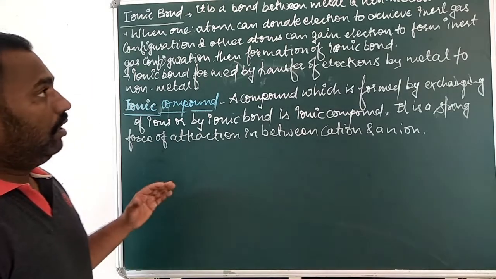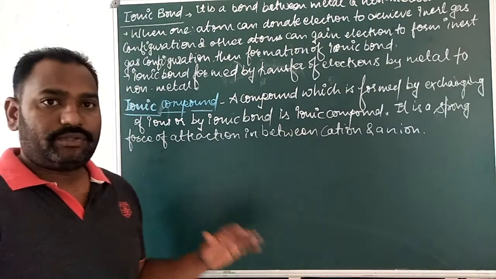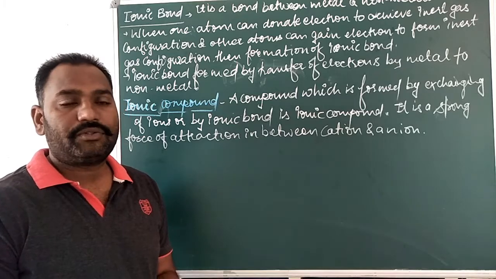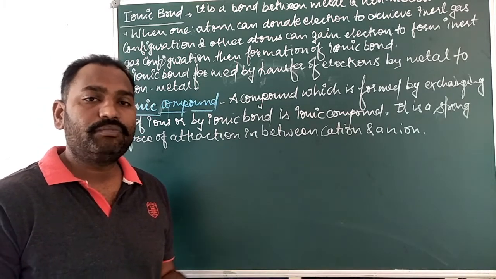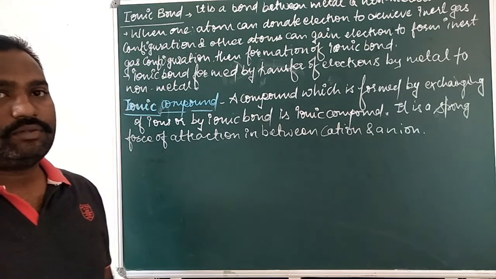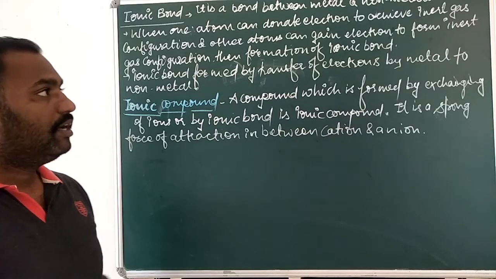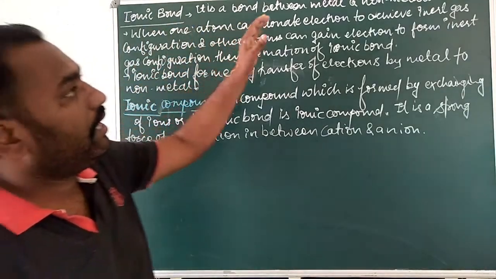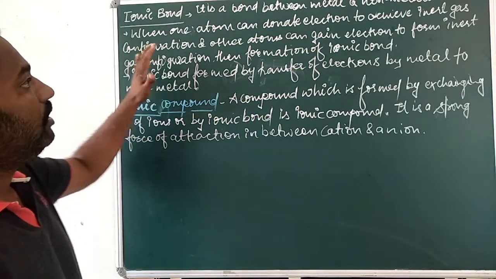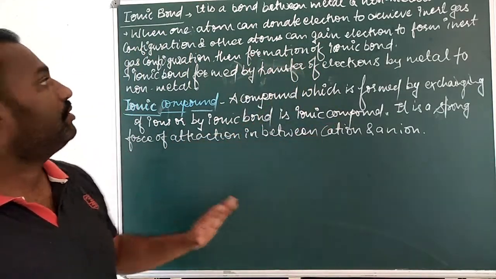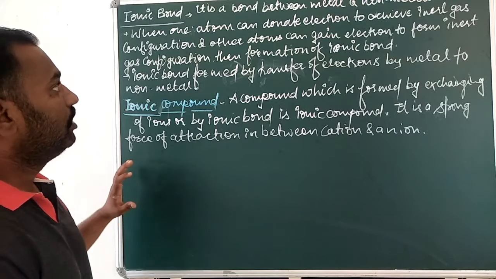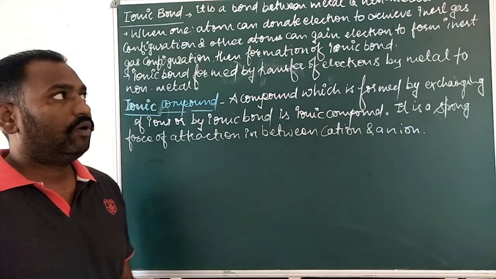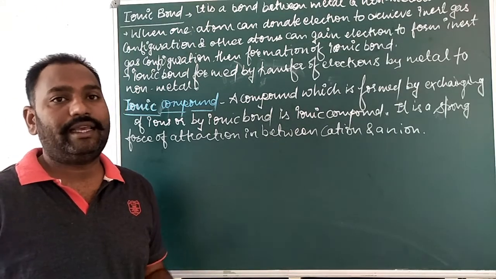But when there is purely an exchange of electrons, it means metals donate electrons and non-metals gain electrons to fulfill their vacant shells, to achieve inert gas configuration. I hope you already studied these things in the ninth class.